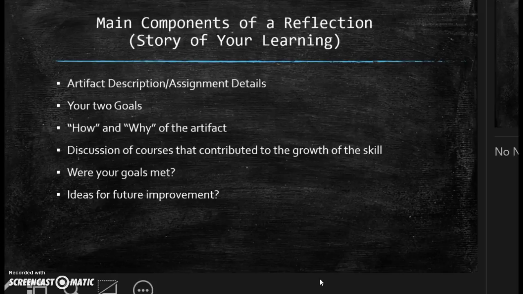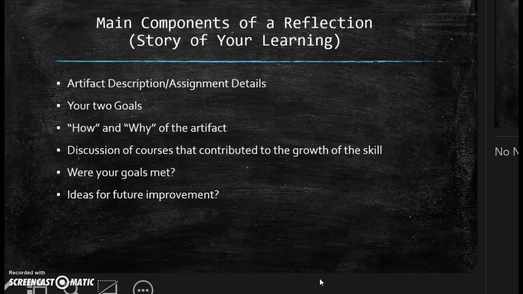Also, you need a discussion of the courses that contributed to the growth of this skill. Not just, "I learned how to do this in English 111, 112, and English 243." What is it that you did in English 111 that contributed to this? What did you do in English 112 that contributed to the growth of this outcome?